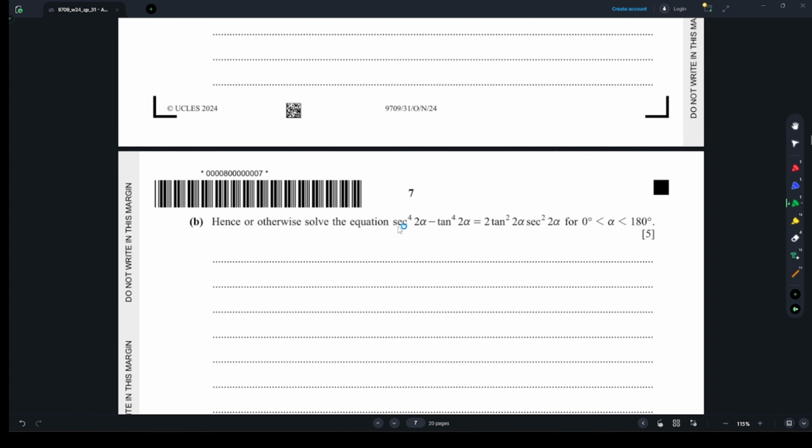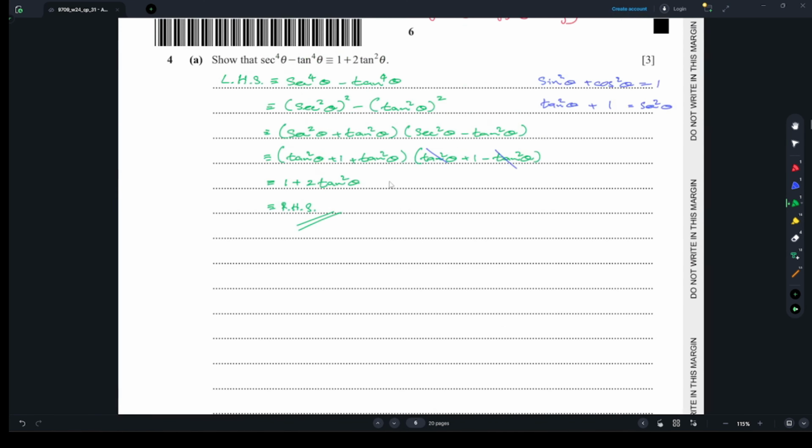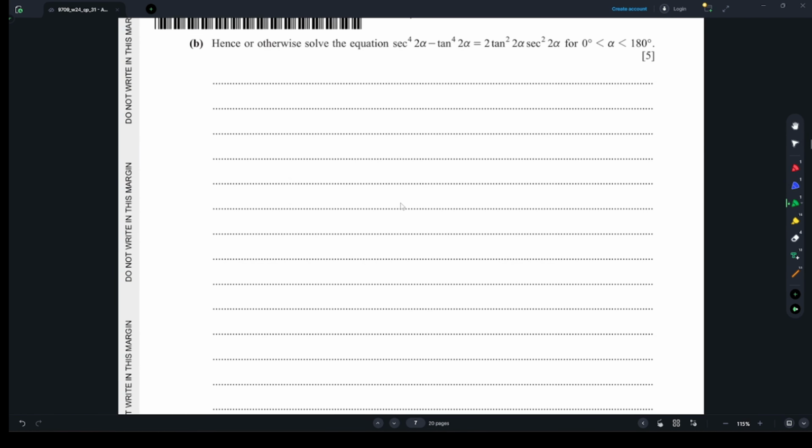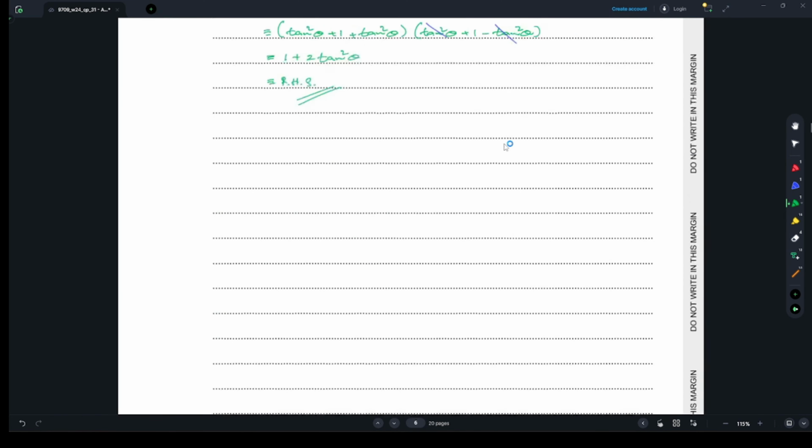So you have to solve this equation. As you can see, we have sec to the power 4 and tan to the power 4, which means we can use part A here also. From part A, we had 1 plus 2 tan square theta.